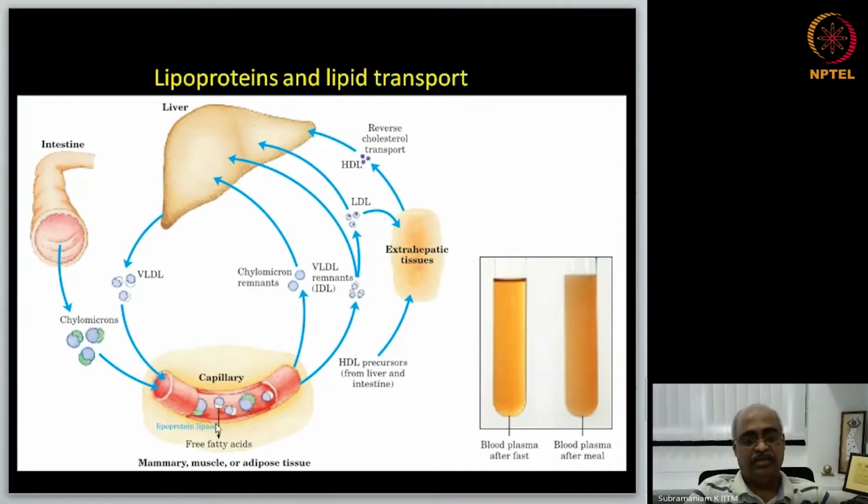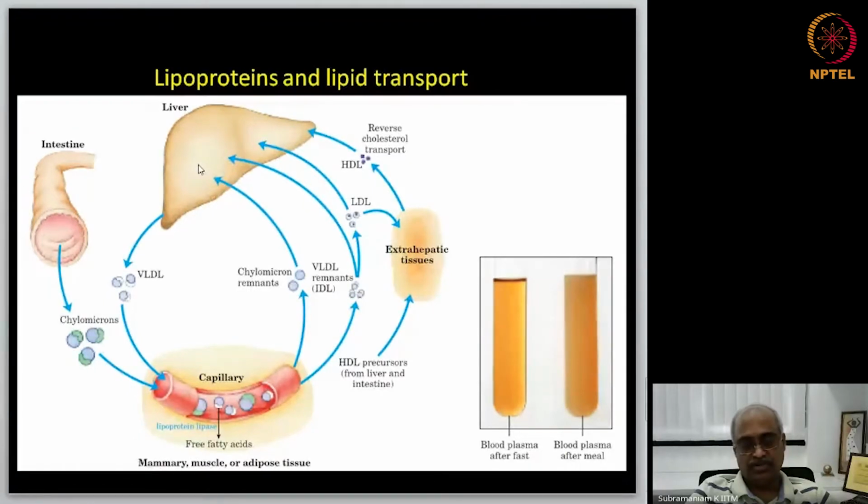The free fatty acids produced by these lipases are taken by the tissues either for beta oxidation, for example muscles, or for storage by again converting into triacylglycerol in adipose tissues. After the cargo delivery, the remnants of chylomicrons go back to the liver.